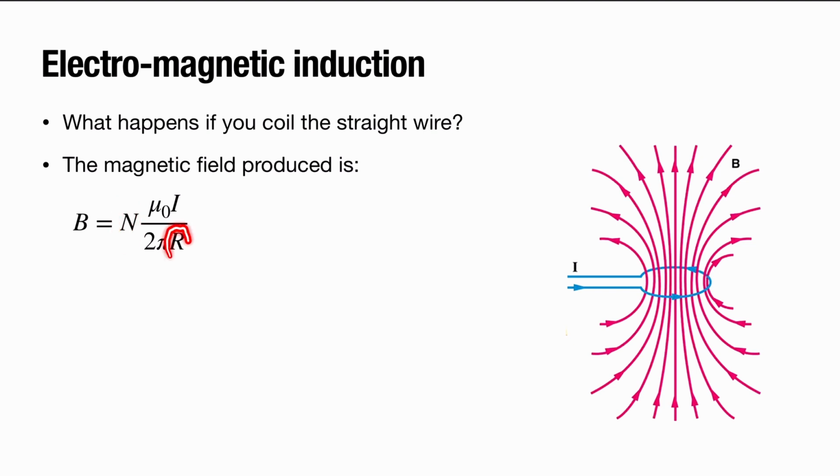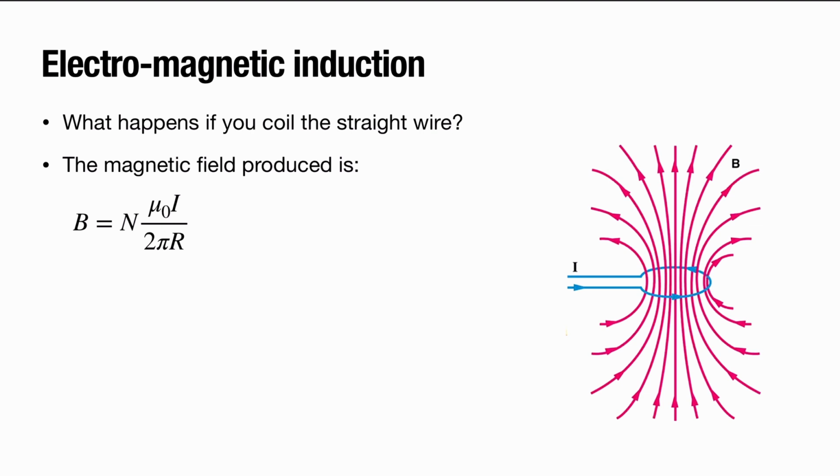And if we make those loops very, very small, that is, the coil is tightly wound, we could also have an increased magnetic field. So the point here is we can produce a magnetic field from a flowing current, and the size of the magnetic field will depend on the amount of current, the size of our loop, times the number of loops we have.